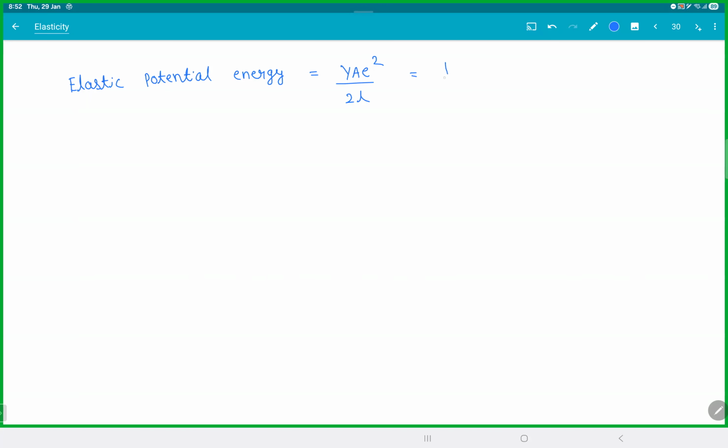This can be written as half into FE, because if you remember, F is the final tension T final, which is equal to YAE by L. So I'm just replacing it. You can write it like that.